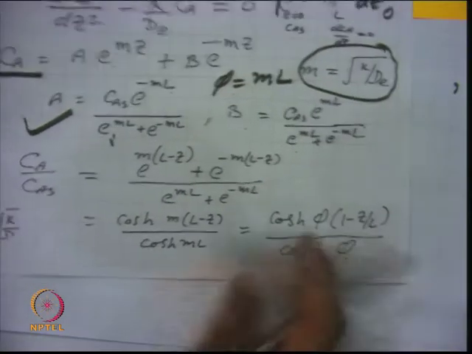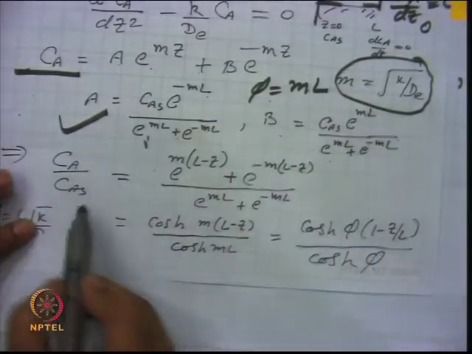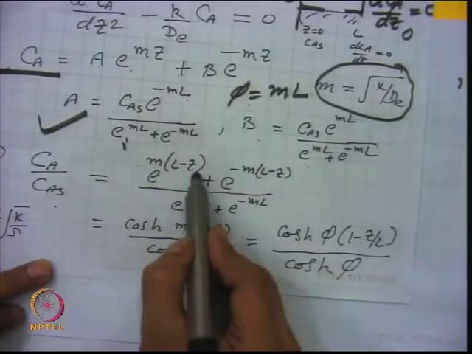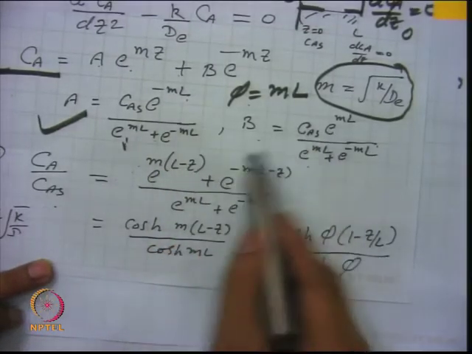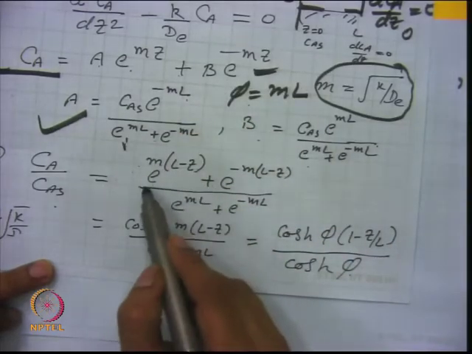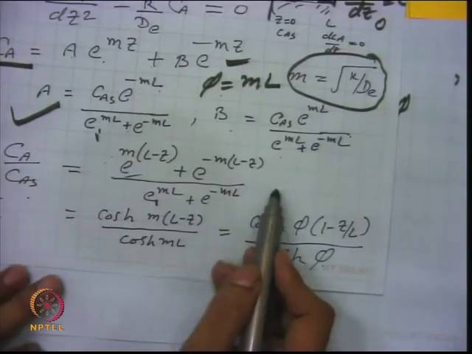So, that if you substitute here, this gives you C A by C S is equal to e to the power m times L minus z plus e to the power minus m times L minus z. So, that term now A plus B values have been substituted, divided by e to the power m L plus e to the power minus m L, right.